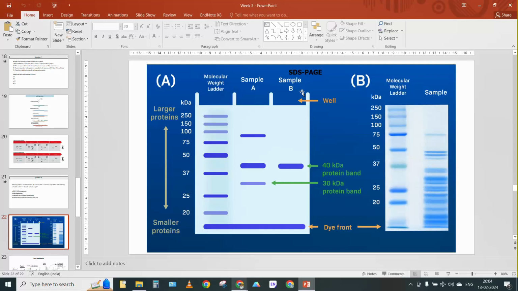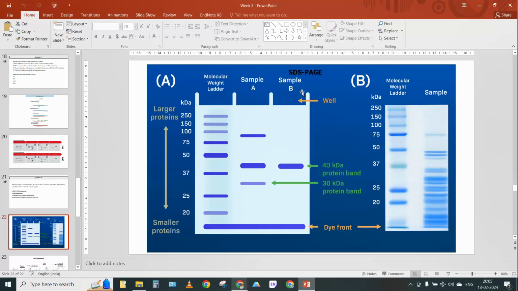And SDS is used to eliminate the influence of a protein's shape and charge as it moves through the gel. Sodium dodecyl sulfate is a negatively charged detergent that both unfolds proteins and coats them in a uniform negative charge. In addition, reducing agents such as beta-mercaptoethanol are used to break any disulfide bonds.